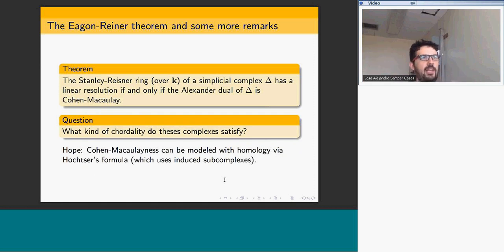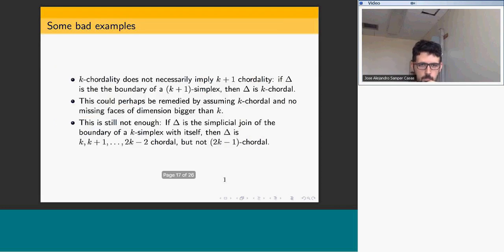Or can I come up with a right notion for this just directly with the complex, without worrying about duality and Reisner or anything like that?